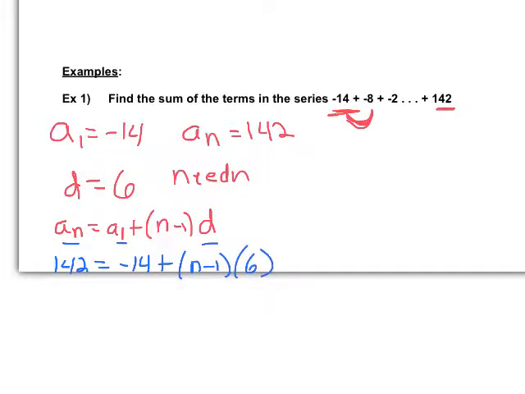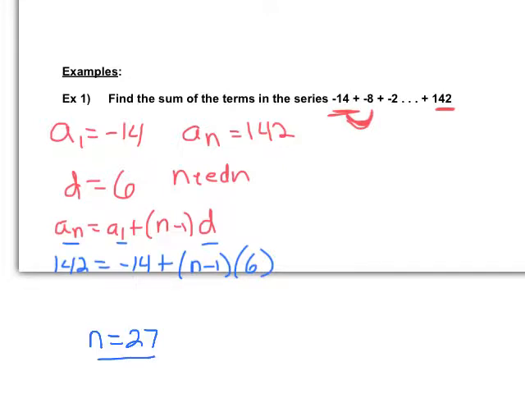In order to solve this, I would add 14 to both sides, and then I would probably distribute the 6 and eventually solve for n. So when you solve for n, you get 27, but you should work through the algebra yourself to make sure you understand how to do that.